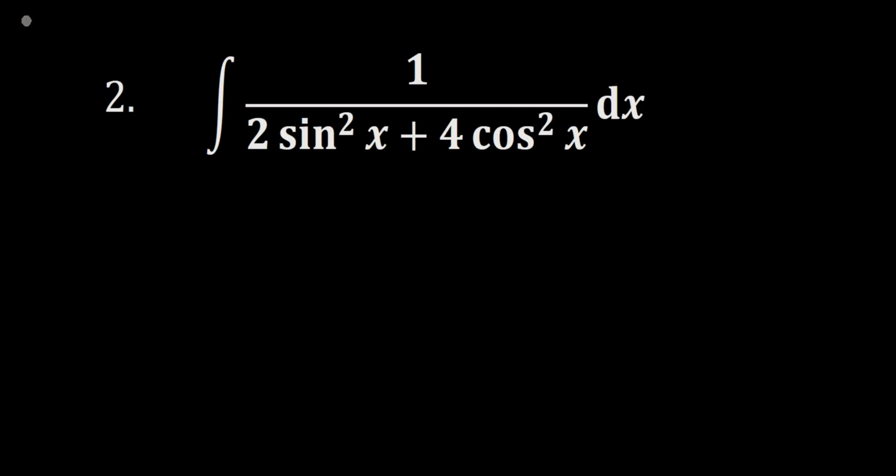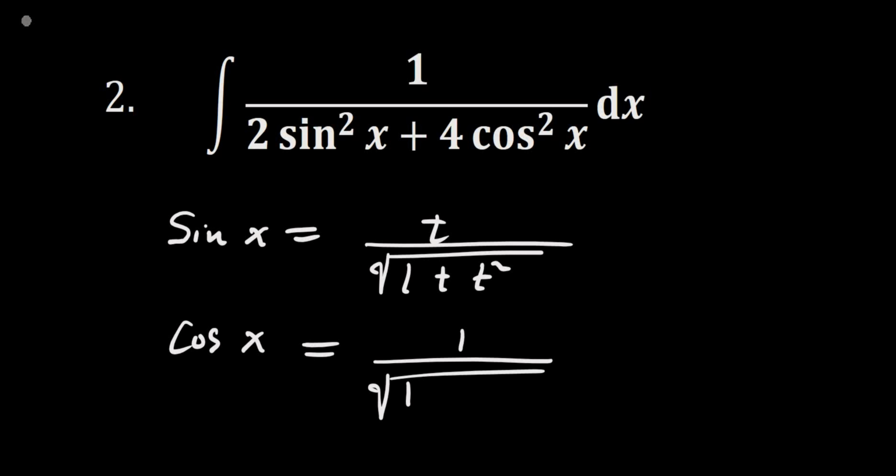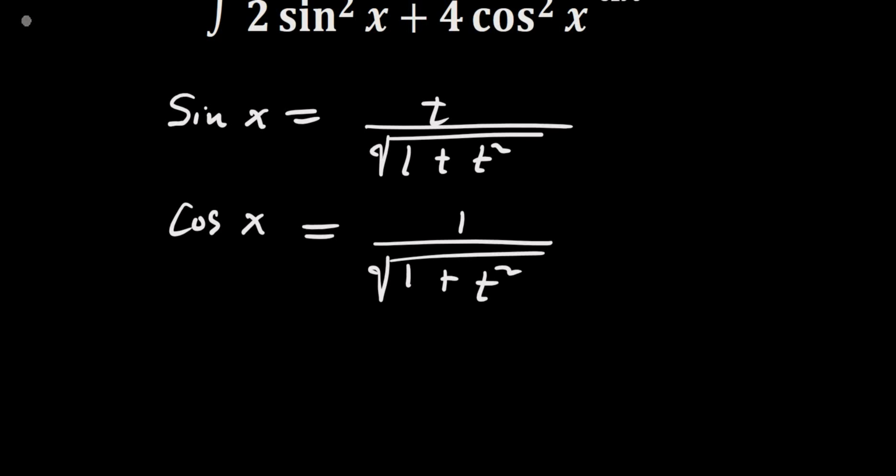Question 2. Now from question 1, we have that sine x is equal to t over root 1 plus t squared, and cos x is equal to 1 over root 1 plus t squared, and tan x is equal to t.